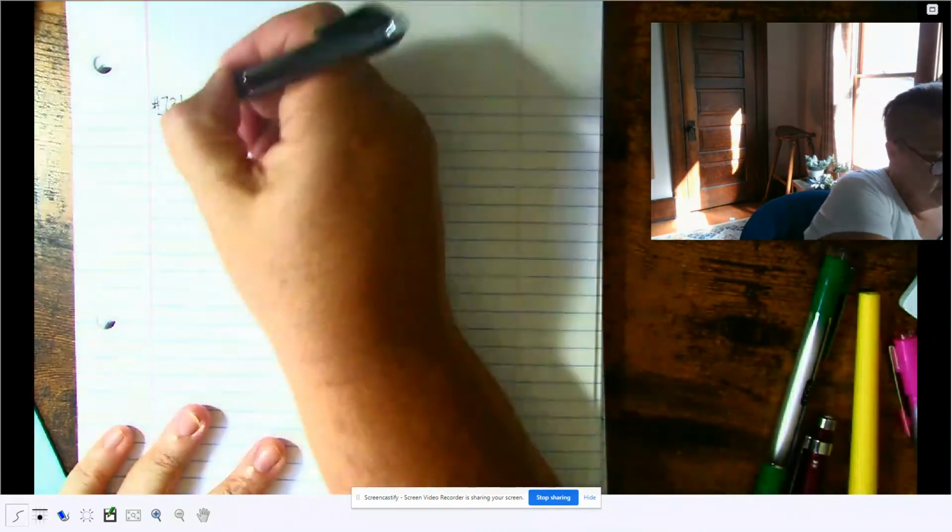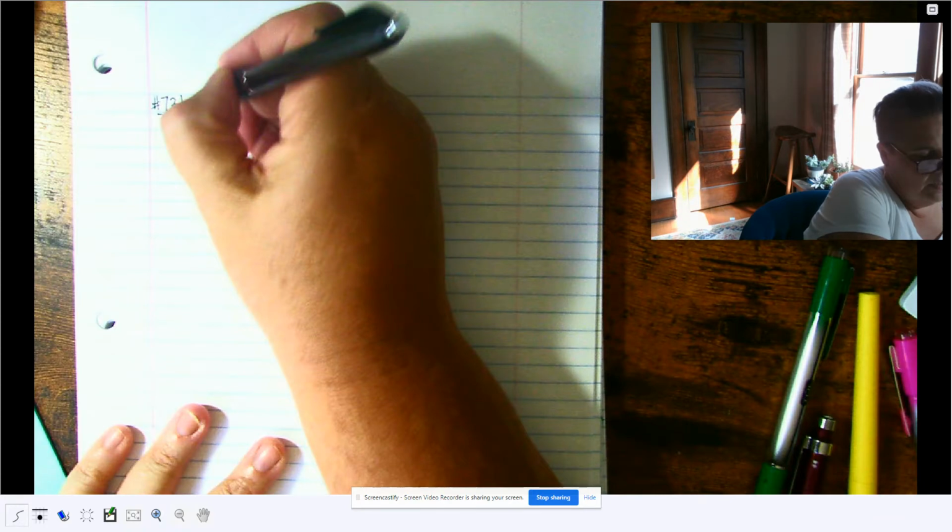So number 73 says the area of the figure is 1,200 centimeters squared. And then they do give you a drawing, which is essentially a rectangle with a triangle hanging off the side. You know, this is X, you know, this is X, and you know, this is 1.